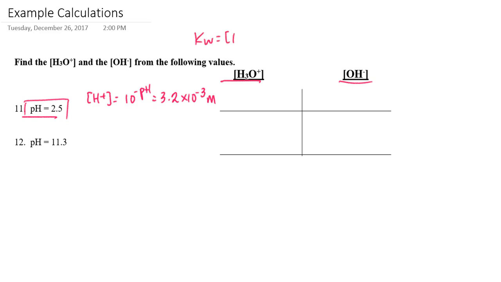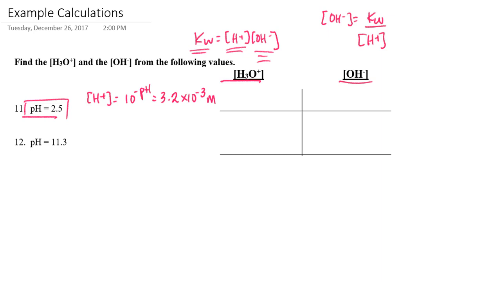Remember, Kw is H plus times OH minus. So since I already have Kw, assuming we're at 25 degrees Celsius here, and I just calculated the hydrogen ion concentration, then if I take Kw and divide by the hydrogen ion concentration, I should get the hydroxide ion concentration. So again, basically I could do this.